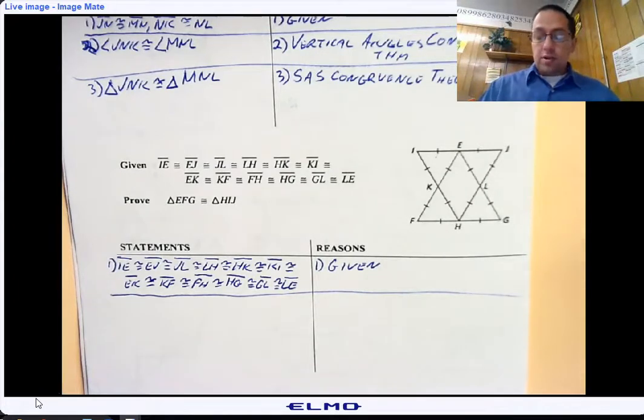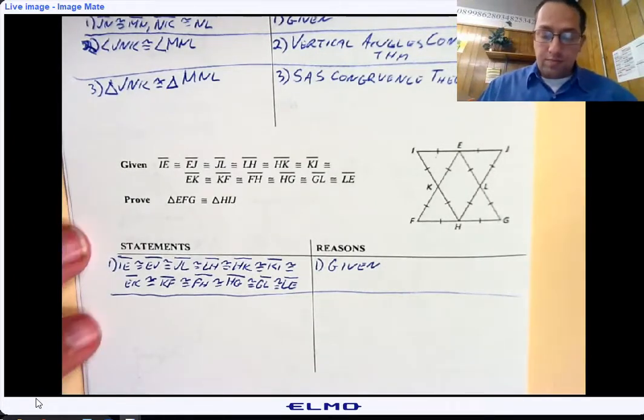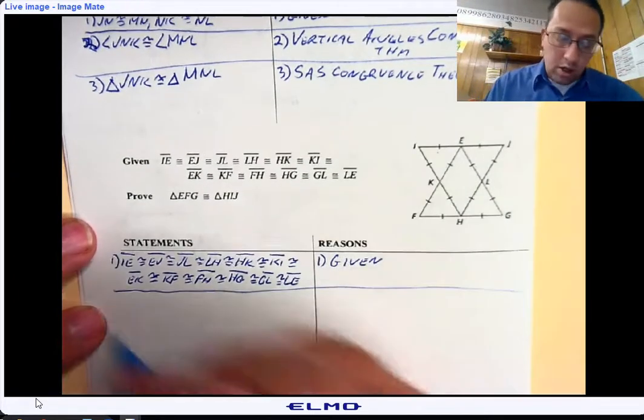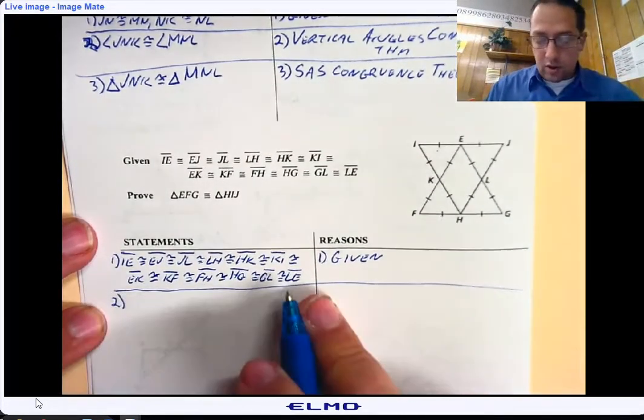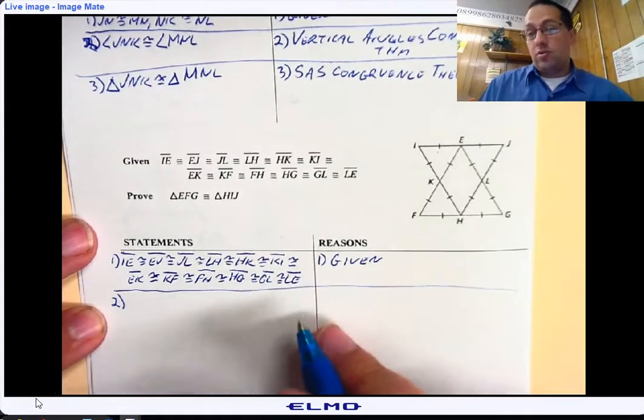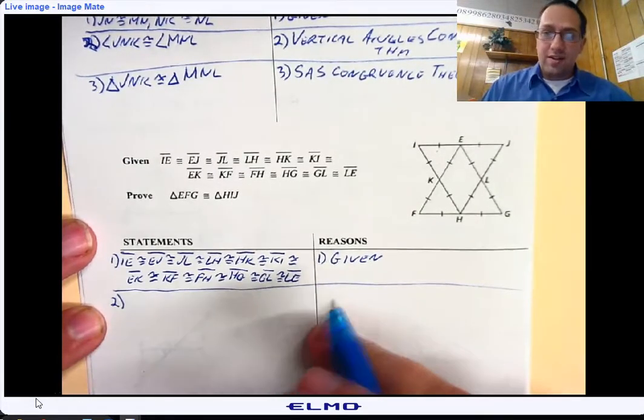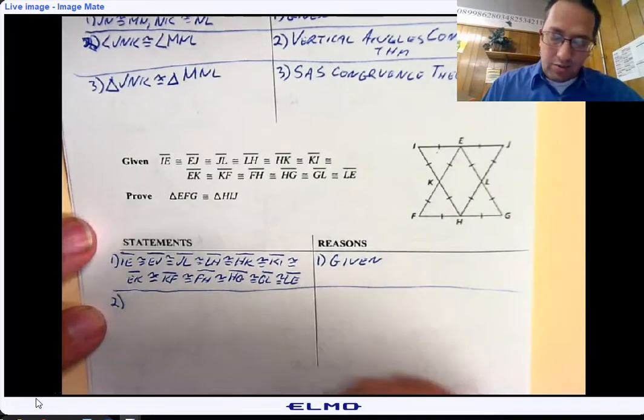All right. And we know that all these segments are congruent, which means they have the same length. And this is an annoying step to put down because it's pretty obvious, but we do have to put it down. So first, I'm going to change all of these from segments congruent to each other to segments that have the same length as each other, because that's what it means.